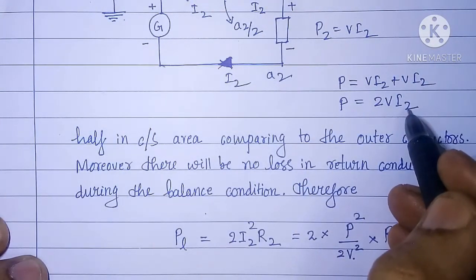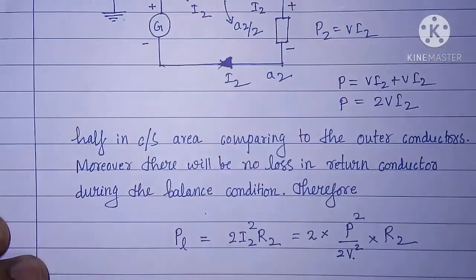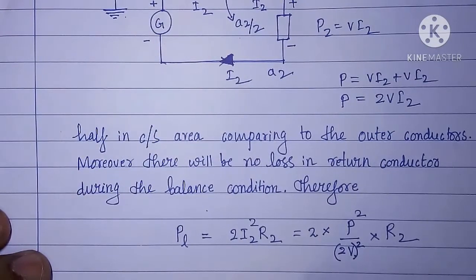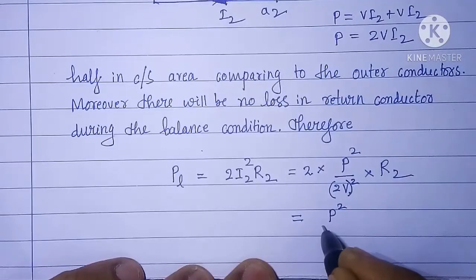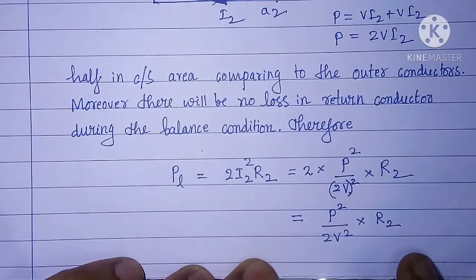So I2 will be equal to P by 2V. Remember to use bracket here. Now we get this as P square by 2V2 square into R2.